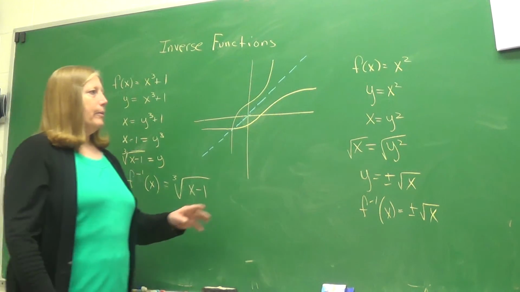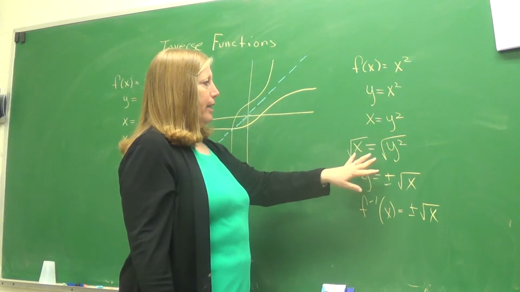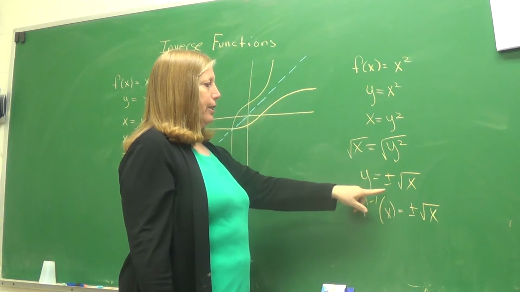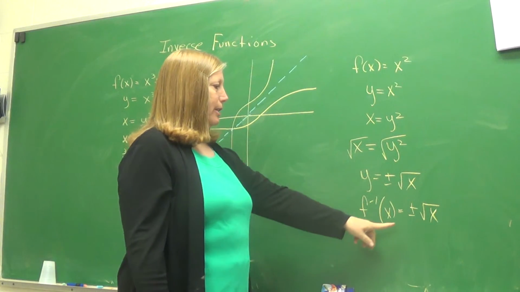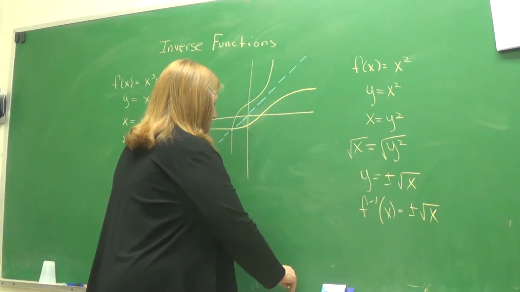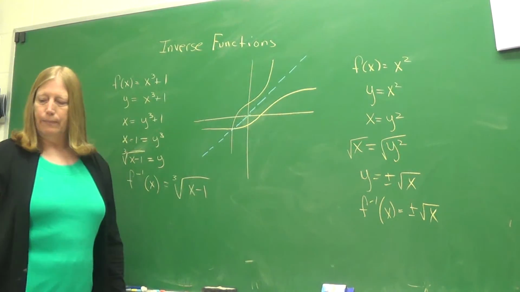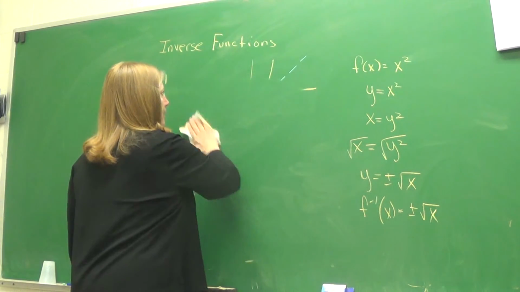All right, when you switch the x and y, you ended up taking the square root of both sides. Just recall that that creates a plus and a minus on the other side. So you have two graphs to put on top of one another to get the graph of this inverse. I'm going to erase this one. So I put the graphs there. Try to beat me to it.